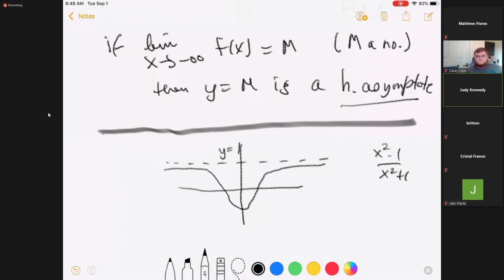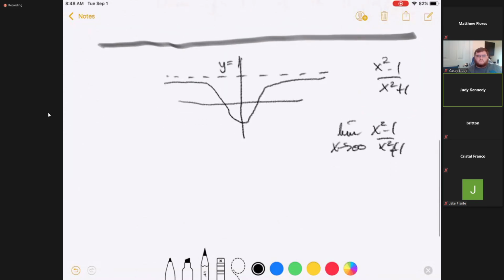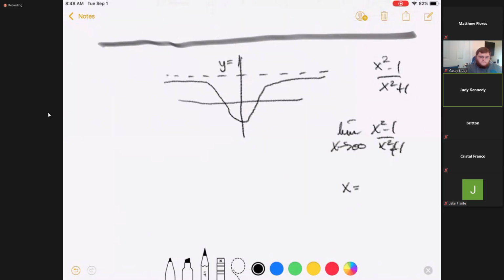Because what happens as x goes to infinity to x squared minus 1 over x squared plus 1? Well, you're going to have a large number minus 1 over that same large number plus 1. Like if x is 1,000. Well, this is not a proof, I'm just putting in some numbers.